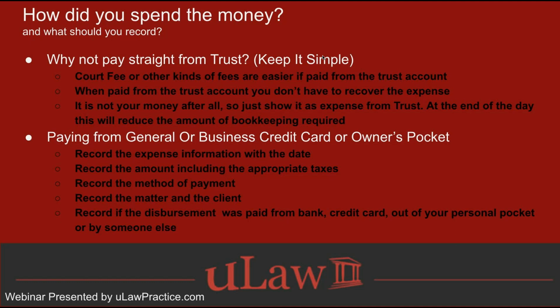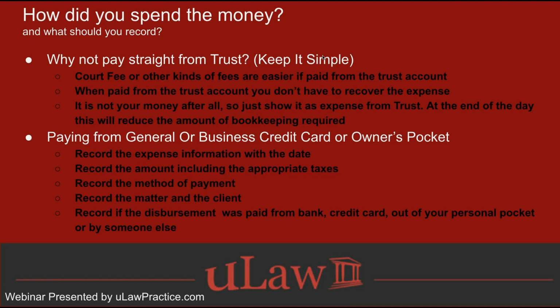Now, paying from general or business credit card or owner's pocket is absolutely different. You can play around with it. When I say play around with it, intentionally, you would want to charge slightly more on an admin work or a third-party consultancy.